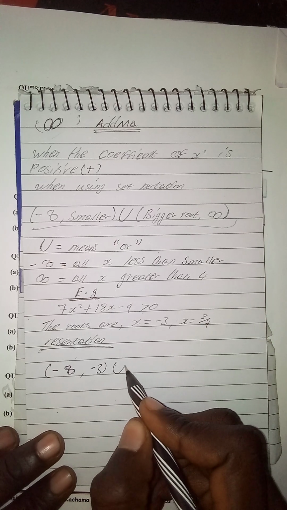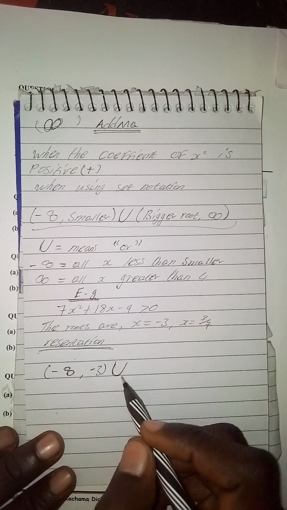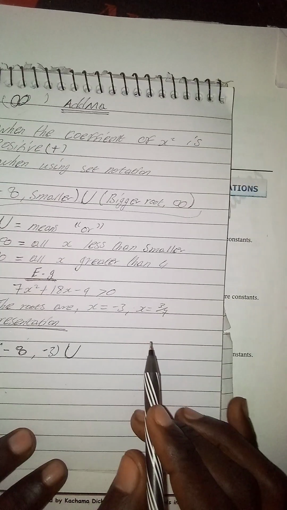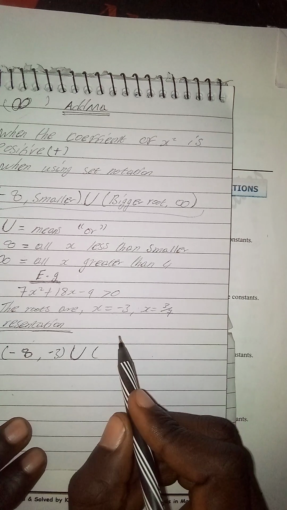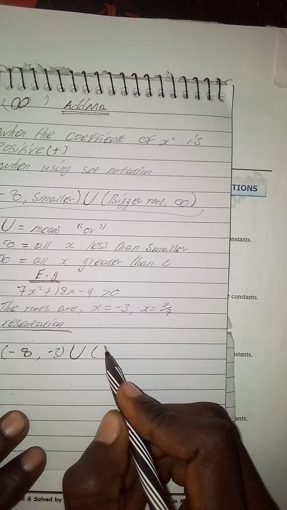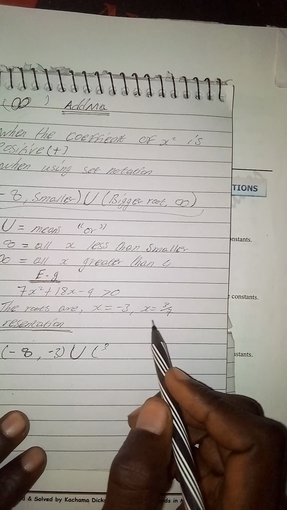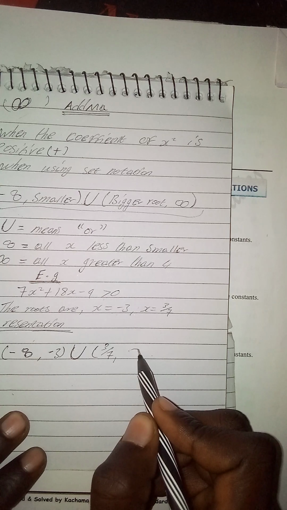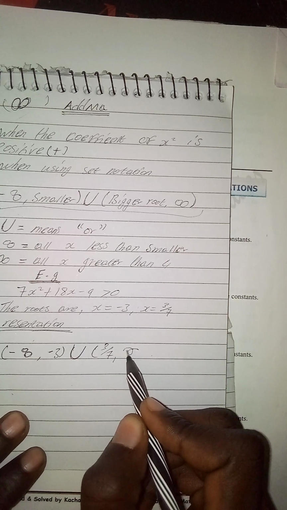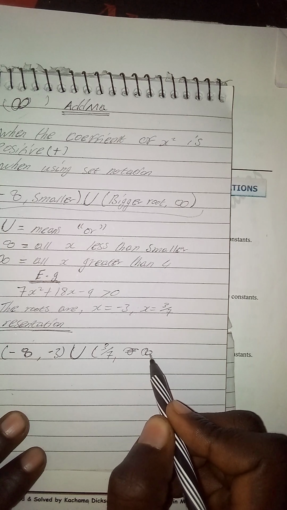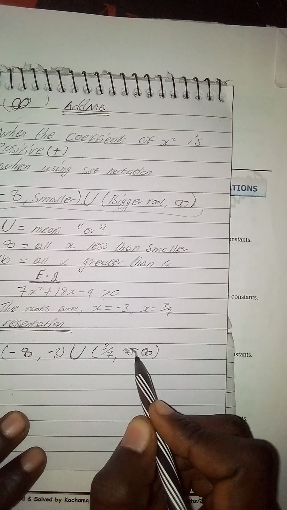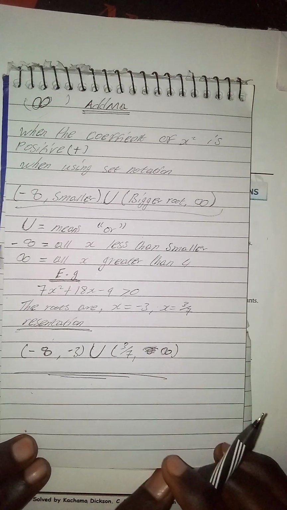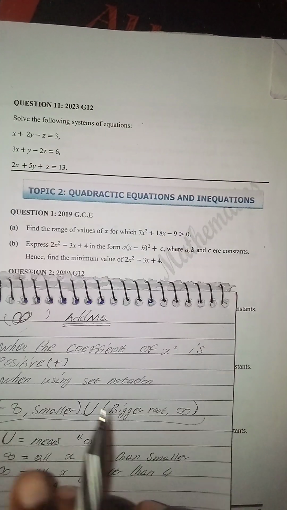Then we use the union symbol, because we know that union means or. After that, you open brackets again and you get the bigger root. In this case, our bigger root is 3 over 7. Say comma, this time around, positive infinity symbol. Just like this, you have solved question A.